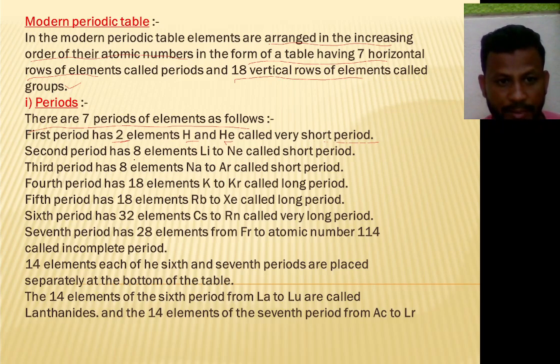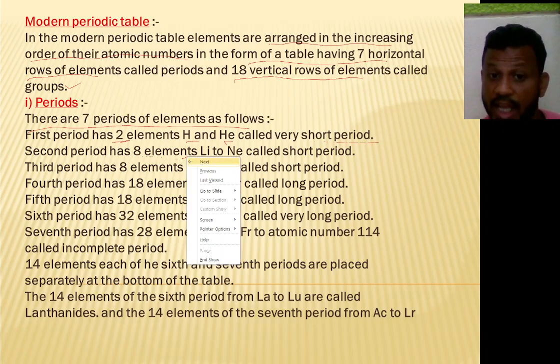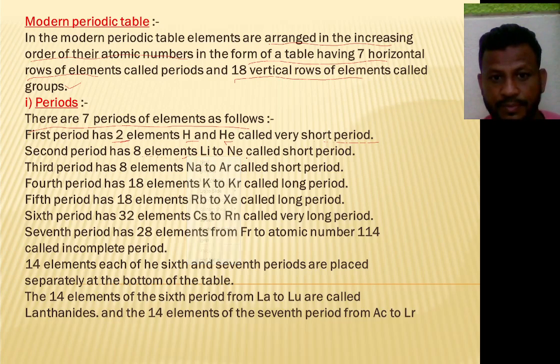The second period has 8 elements, from Li to Ne, called a short period. The third period has 8 elements, from Na to Ar, also called a short period. And the fourth period has 18 elements from K to Kr, called a long period.